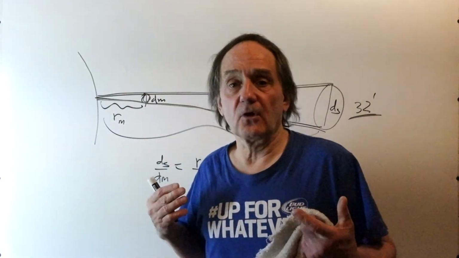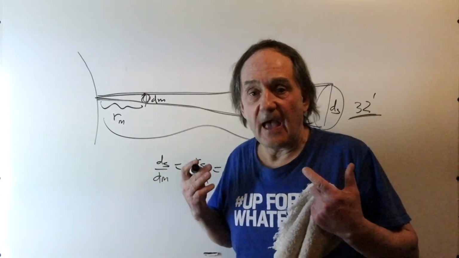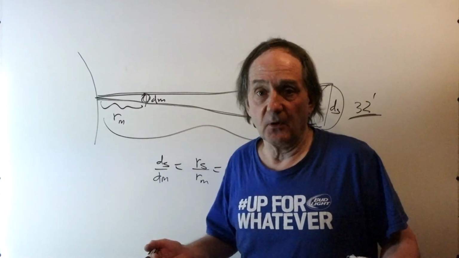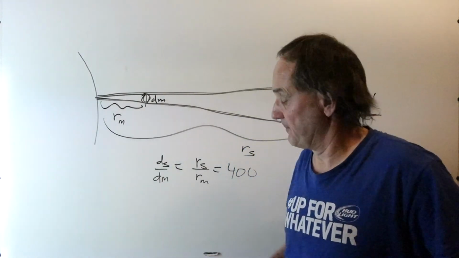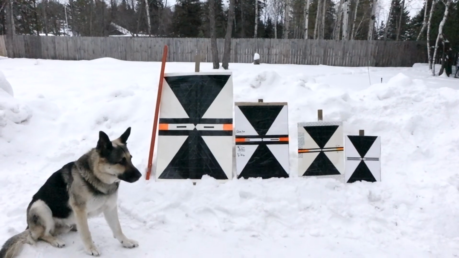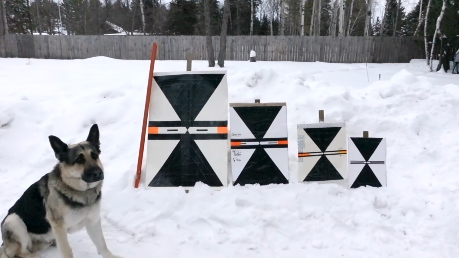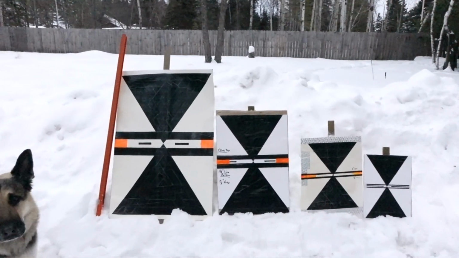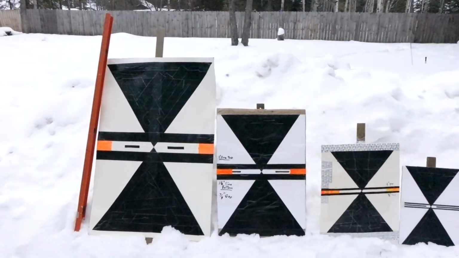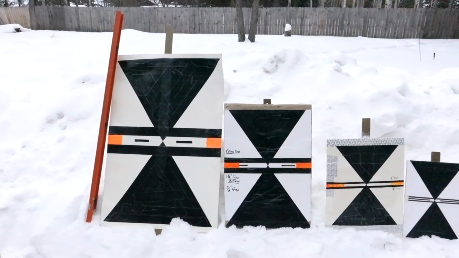Now let's take a look at the actual physical targets that I built for this particular purpose. You can see the targets here that we used to put on the poles. These are the targets that I made last year, and I'll be using them again this year.